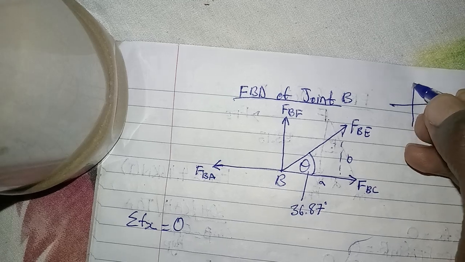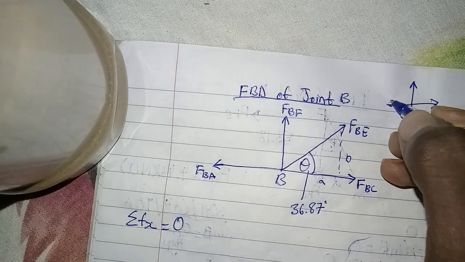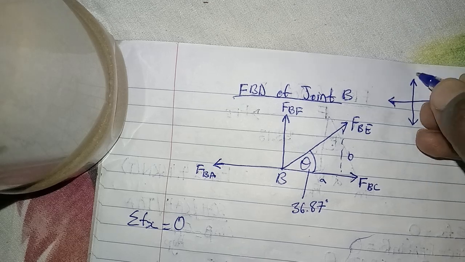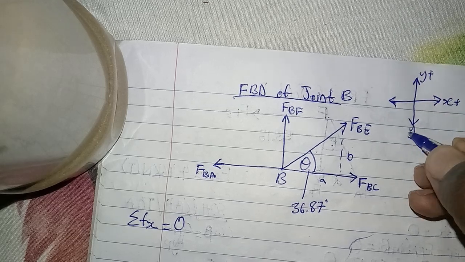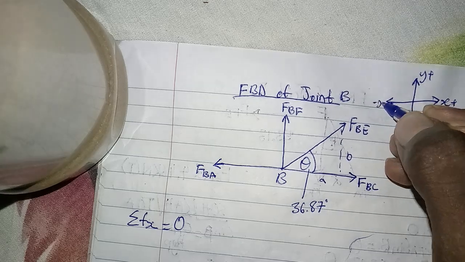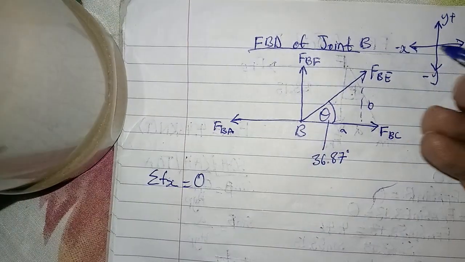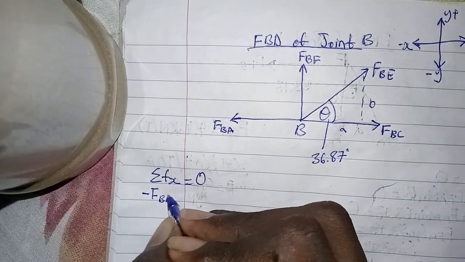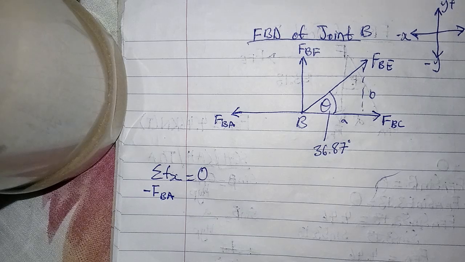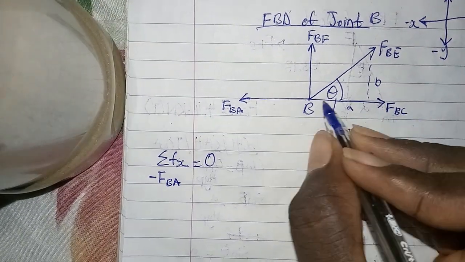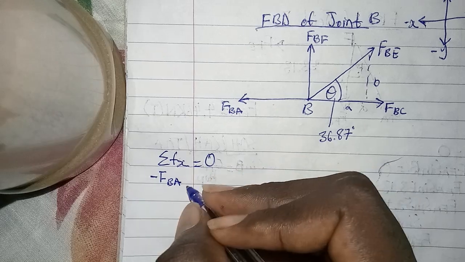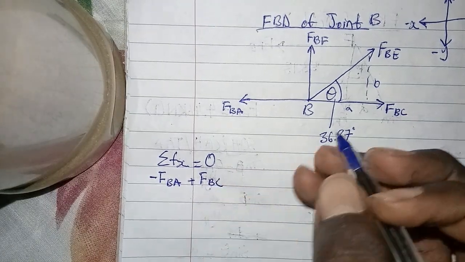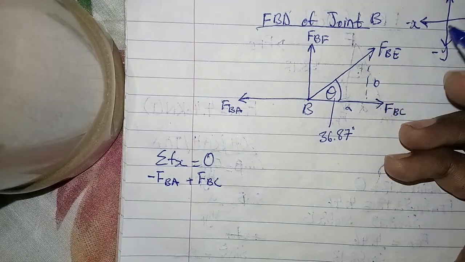From the sign convention, x positive to the right, x negative to the left. So it will be negative force BA. And this one is pointing to the right, so it will be positive force BC.